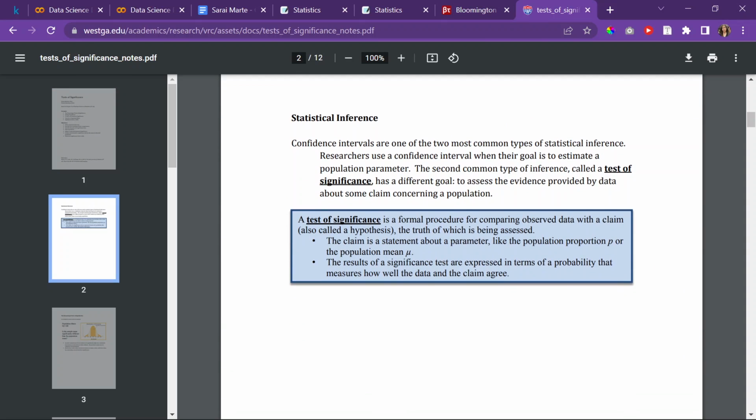A test of significance is a formal procedure for comparing observed data with a claim, also called a hypothesis, the truth of which is being assessed. The claim is a statement about a parameter, like the population proportion p or the population mean mu. The results of significance tests are expressed in terms of probability that measures how well the data and the claim agree. Okay, sure.